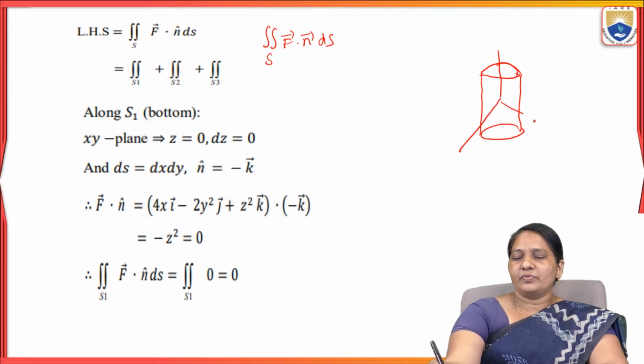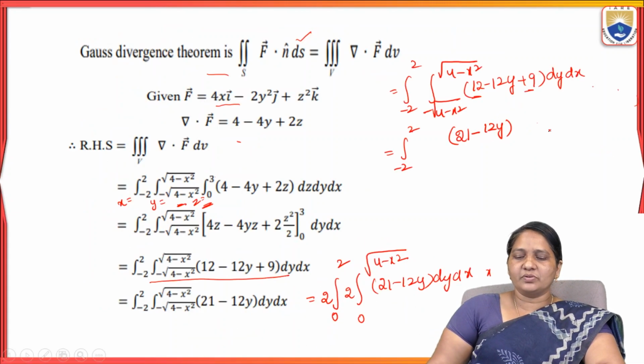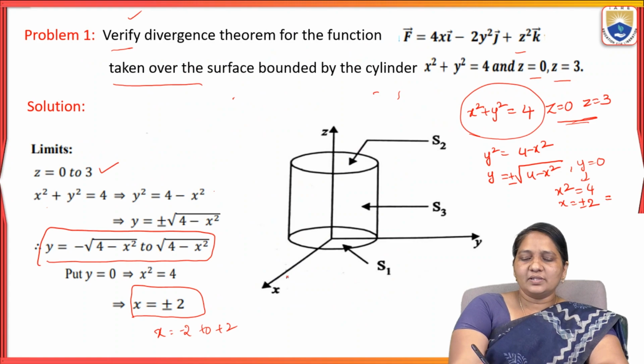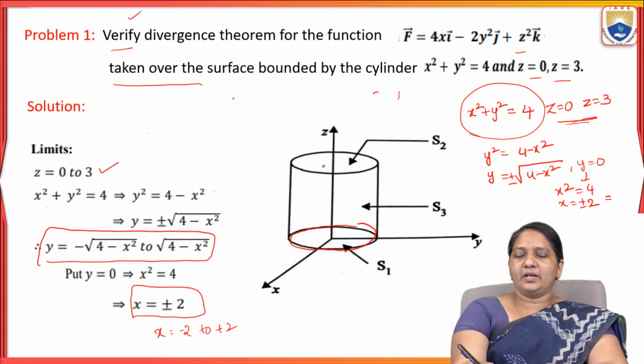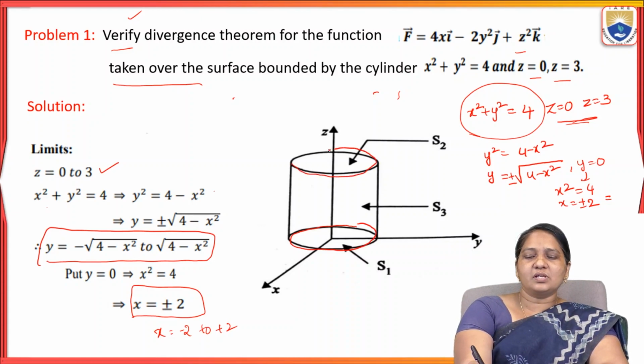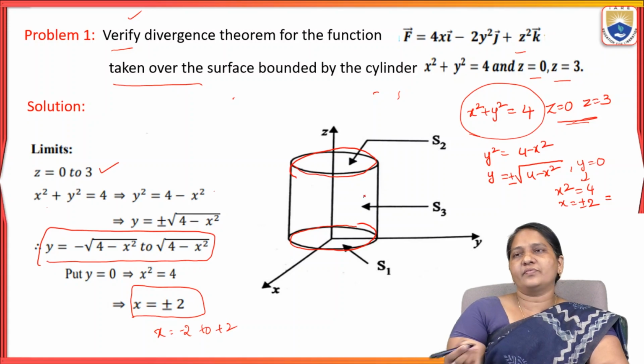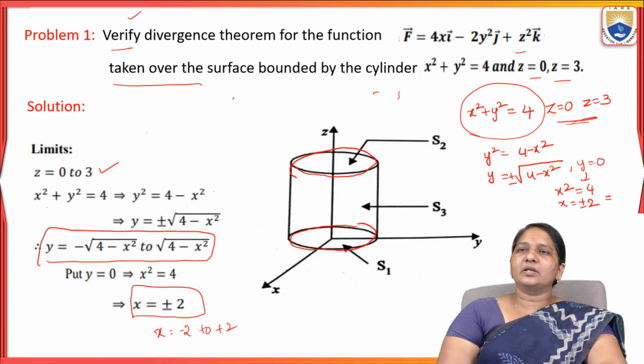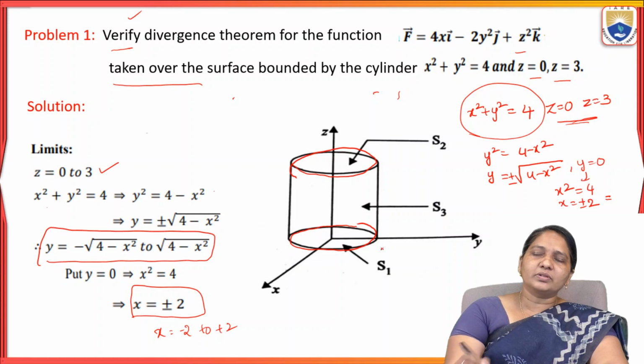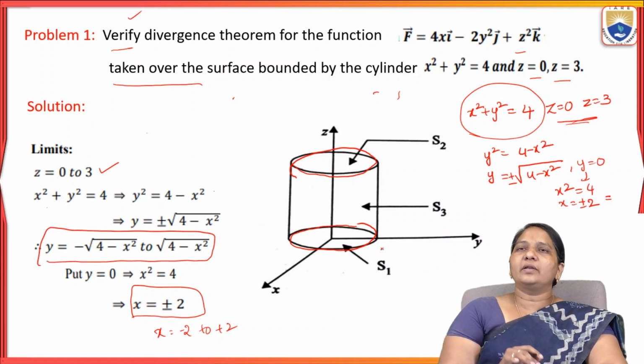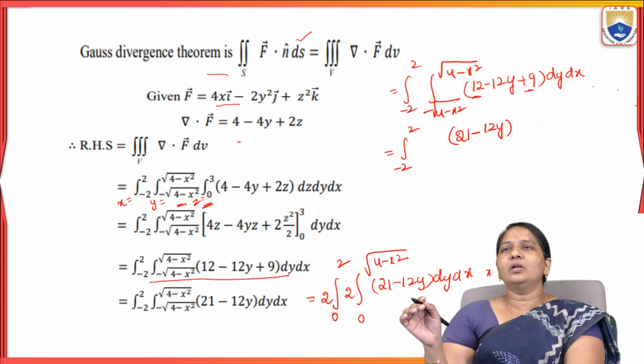Here we have 3 surfaces. We can observe in the figure: this is the x-axis and this is the y-axis. This is surface 1, this is surface 2, and this is surface 3. We have to calculate the double integral over S along these surfaces. We can add these 3 to get the total surface.